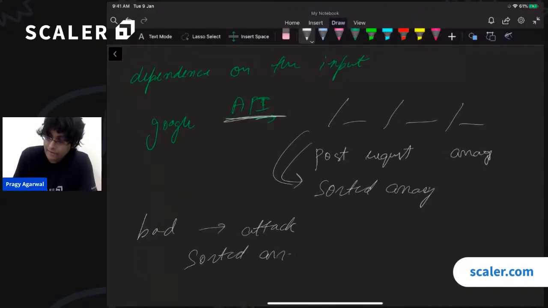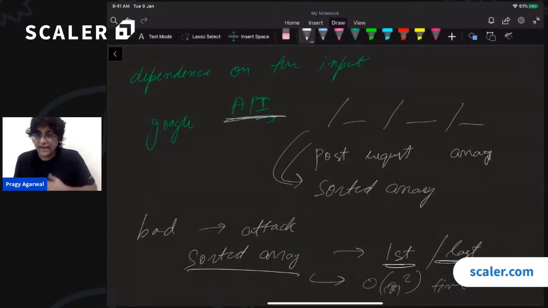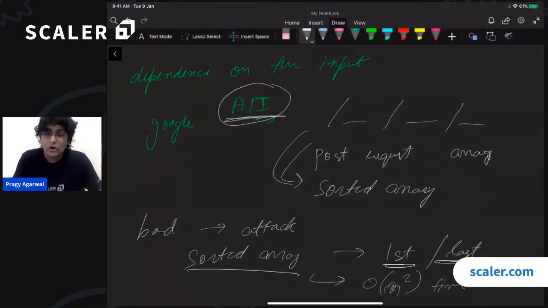I know that if Google chooses the first element or the last element as pivot, then with a sorted array, quicksort will take order of n square time. So some attacker can choose an input which forces the sorting algorithm to take longer.